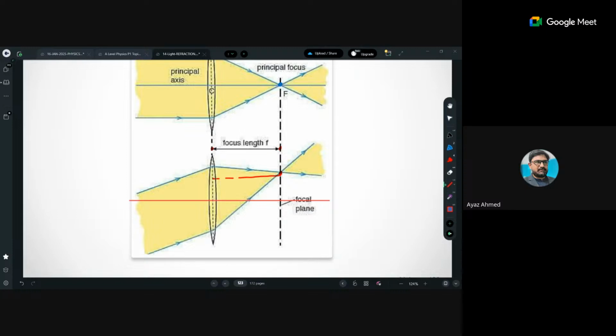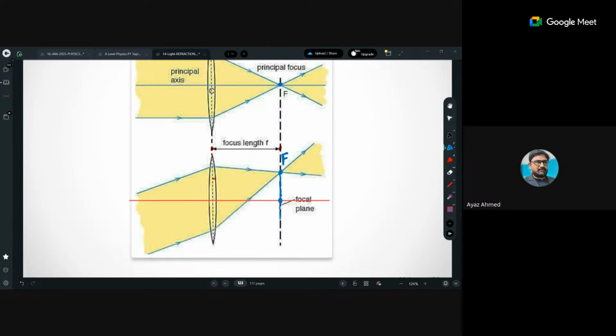So here it must make a perpendicular angle. This is the point exactly above the principal axis, but this is the principal focus, the point where all light is focused. So this is called focal plane.